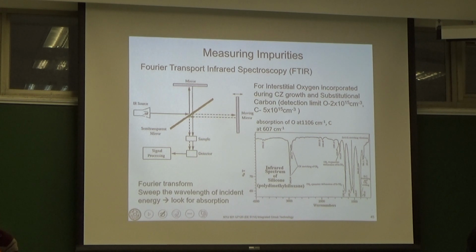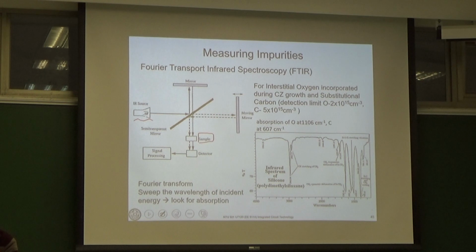Okay. So we have an IR source here, and here's a semi-transparent mirror, and you can place the sample you want to measure here. There are two arms. One arm has a mirror that is fixed, and in the other arm you have a mirror that can move, and you can use piezo motors to control the movement of your mirror precisely.